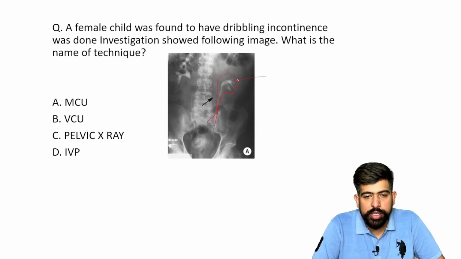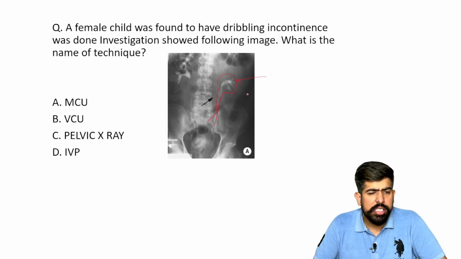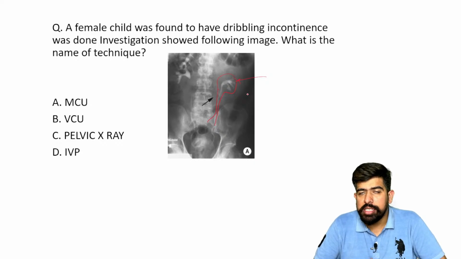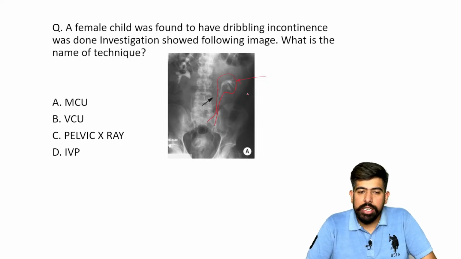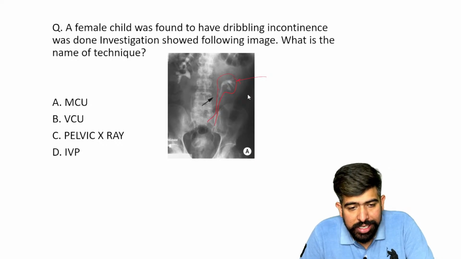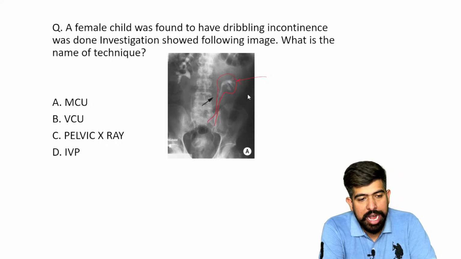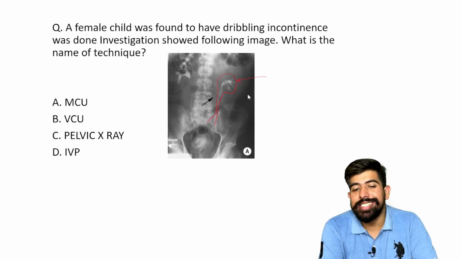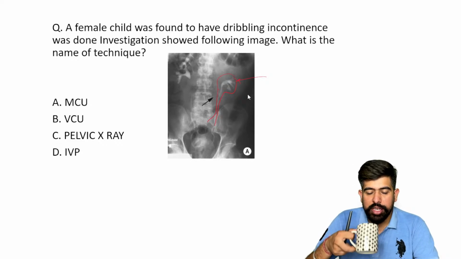Again there is the drooping lily sign in this patient, as we talked about, which is the duplication of the calyceal system. Now, the question is not asking about making the diagnosis. The question is asking which type of investigation it is.